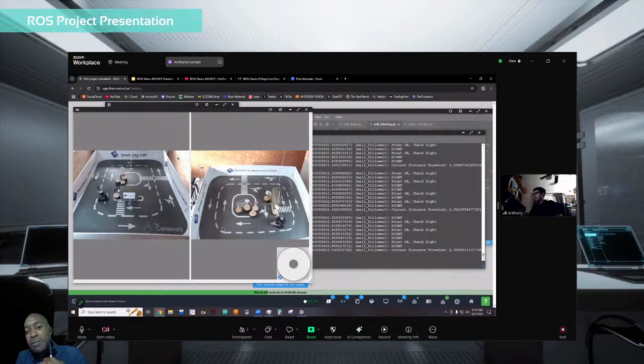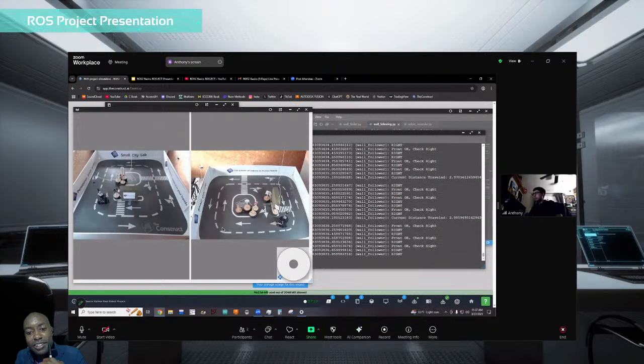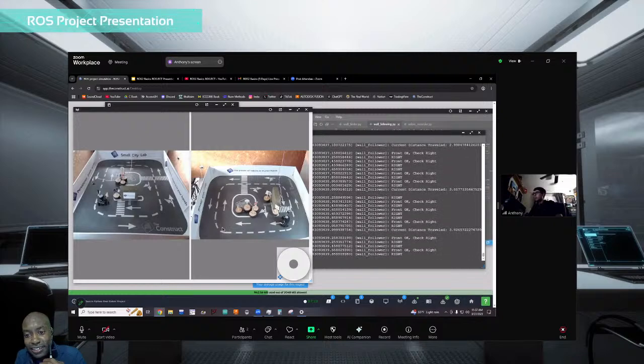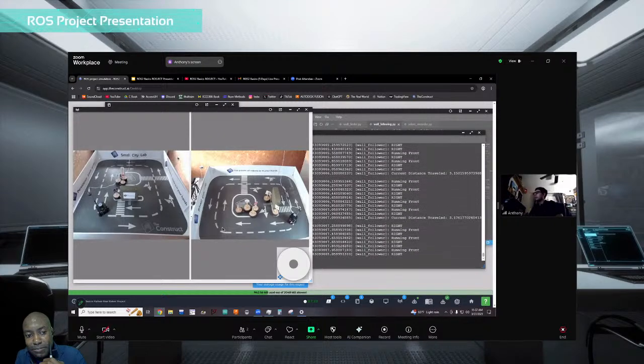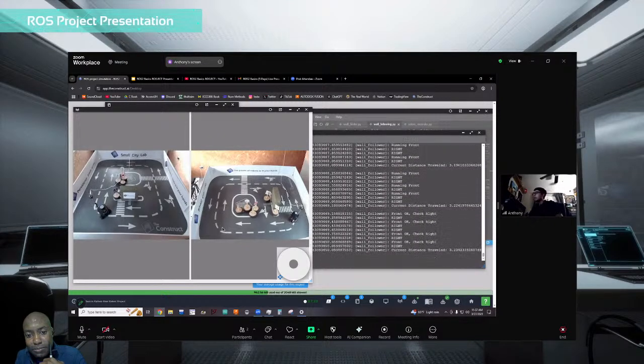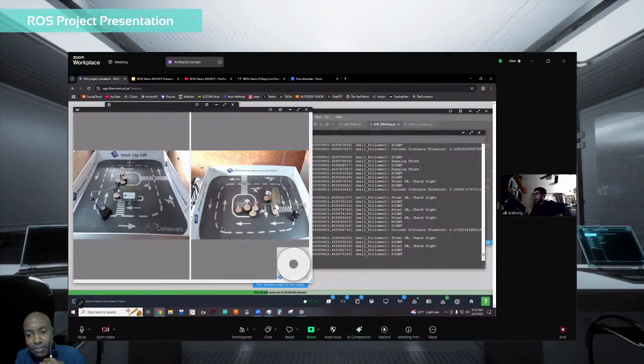So it has to keep checking using that service to see how far the nearest wall is. Yes, the service runs first as the project is intended. Then it goes into the client node where the actual wall following, like what you're seeing right now, runs while it calls the action server, which is doing the distance calculations.